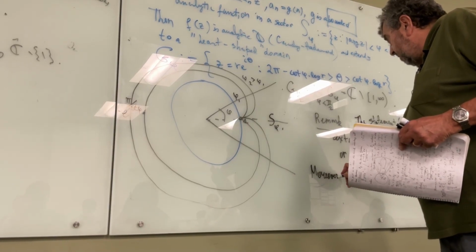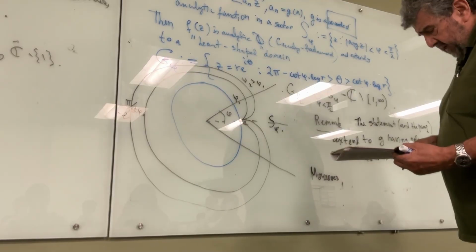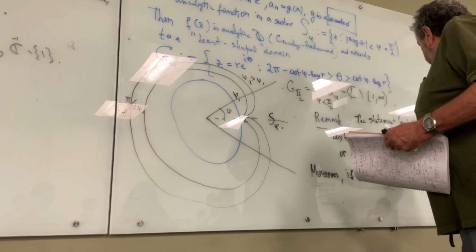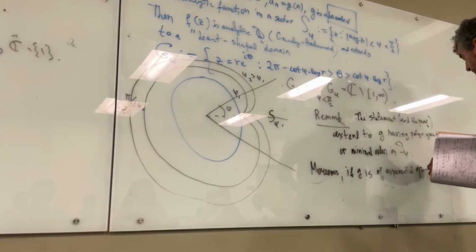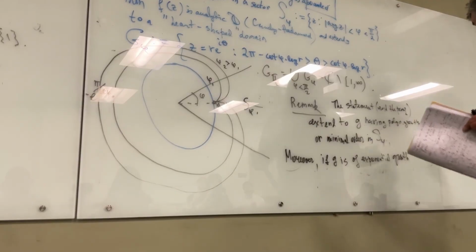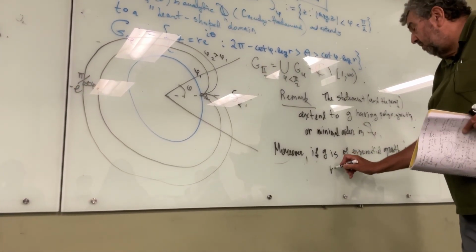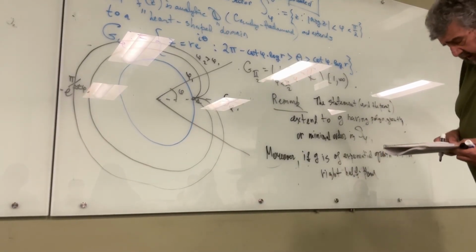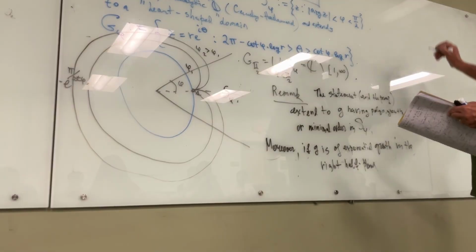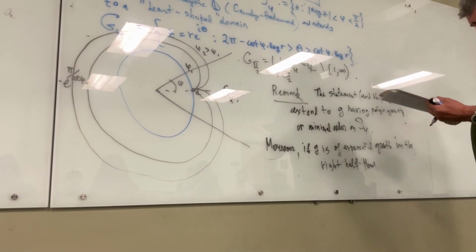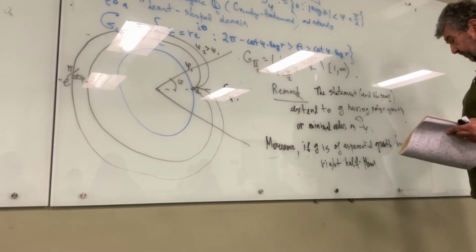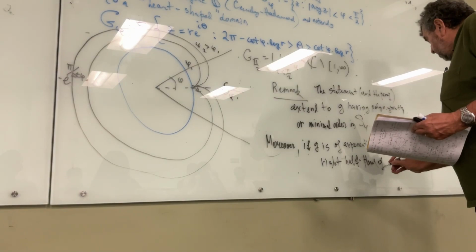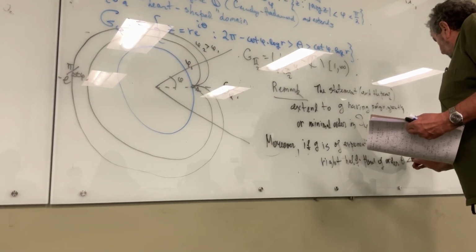Moreover, if G is even of exponential growth in the right half plane, and that means G of order theta strictly less than pi.